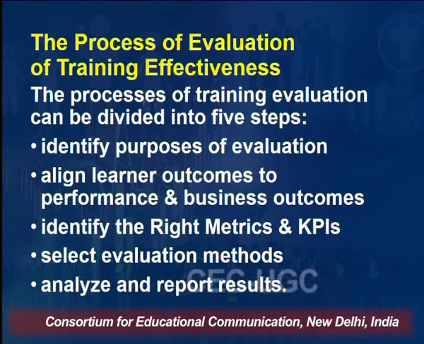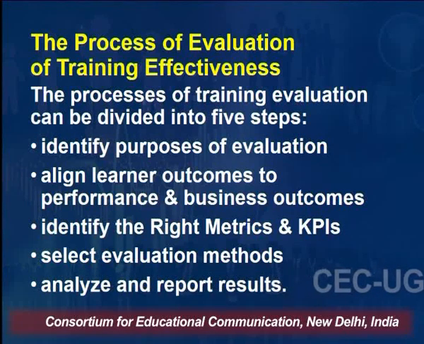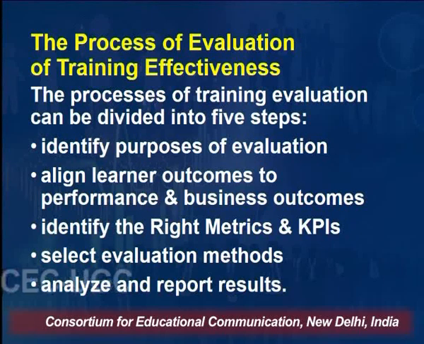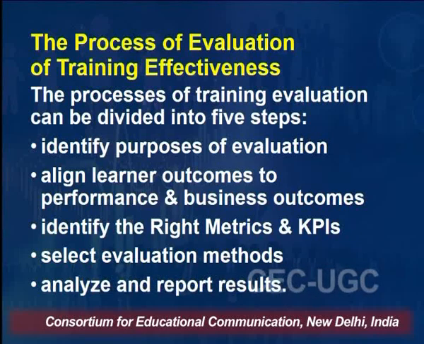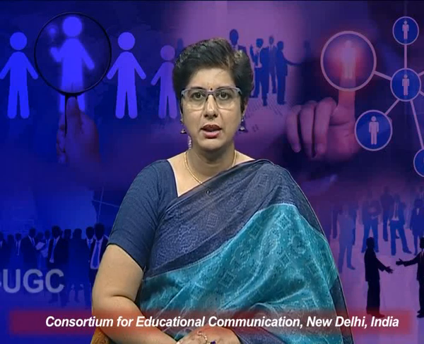The third step is to identify the right metrics and the key performance indicators, or the KPIs. Then you must select the relevant evaluation method, and finally you analyze and report the results that you have attained. Friends, we are going to learn about each of these steps in a brief manner.